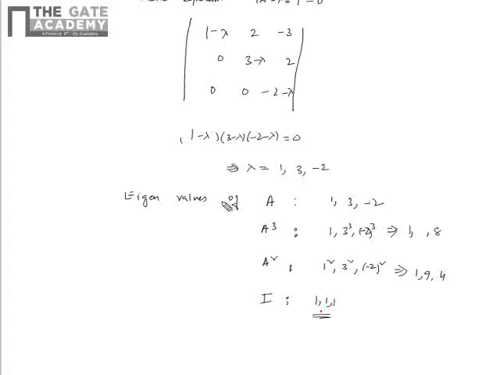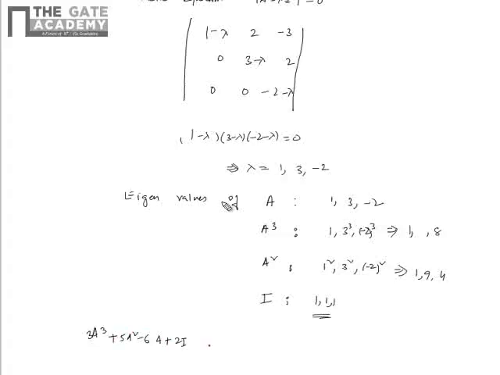Okay, now let's consider the complete expression: 3A cube plus 5A square minus 6A plus 2I.